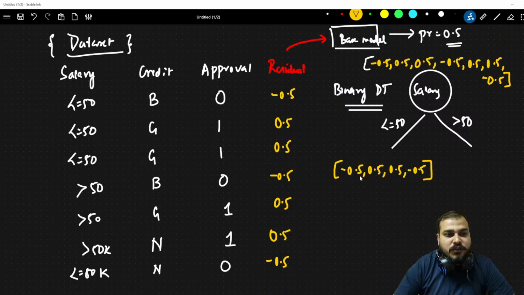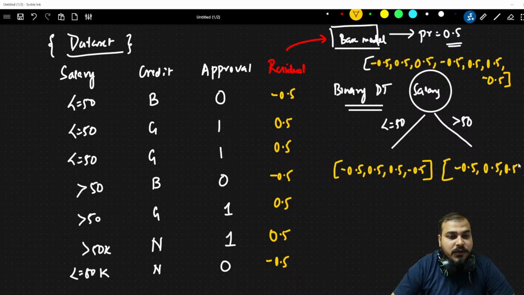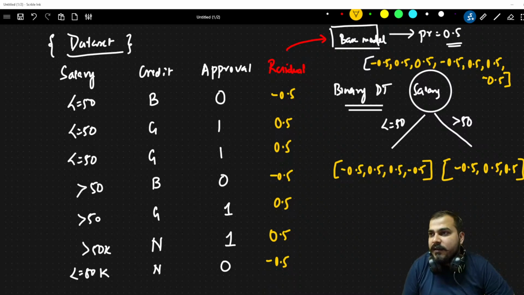I hope you understood this split. Half of the values came over here, and the remaining half will be greater than 50: minus 0.5, then 0.5, and finally 0.5. Everybody clear till here? I hope everybody is able to understand.